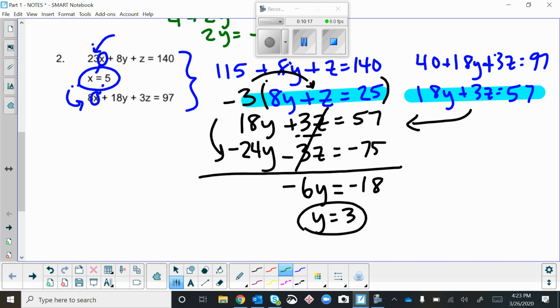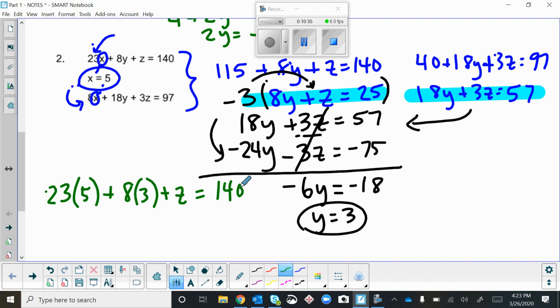So here's what that's going to give me. 23 times x, which we knew was 5, plus 8 times y, which I now know is 3, plus z, which is my unknown, so it stays there, equals 140.